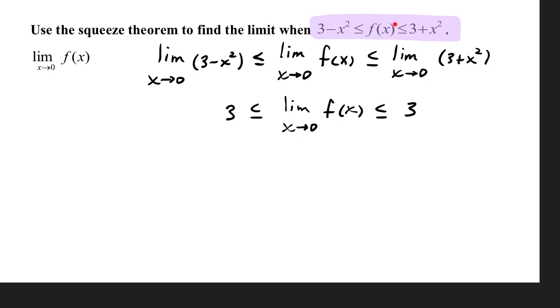If our function is trapped between or equal to those two functions, you can apply the squeeze theorem, which is the limit as x goes to 0 of the left end, the middle, that's our original problem, and the right function, the upper function. If those limits on the ends have the same value as x goes to 0, both of these functions go to 3, and that squeezes in on your function, and its limit must also be 3.